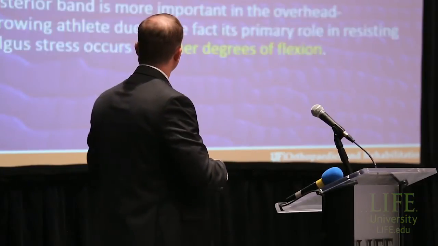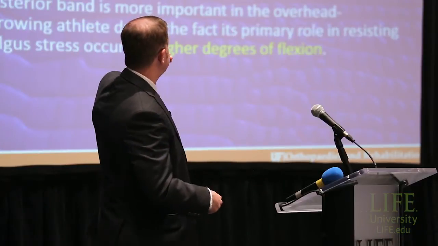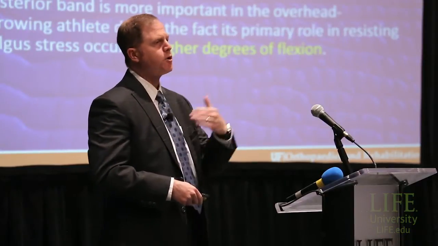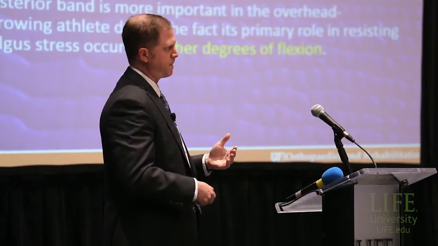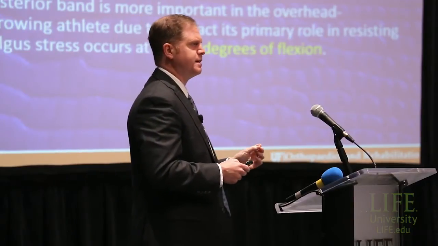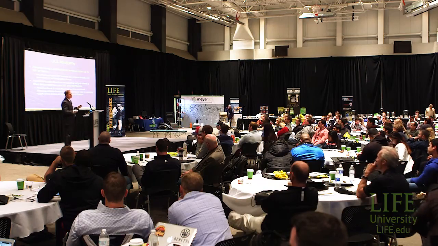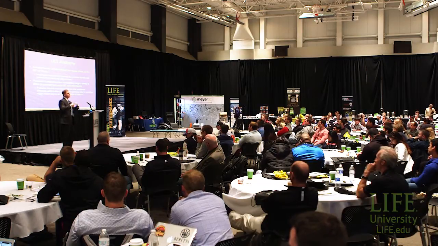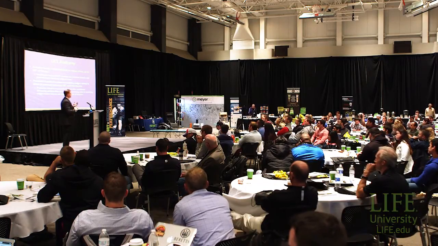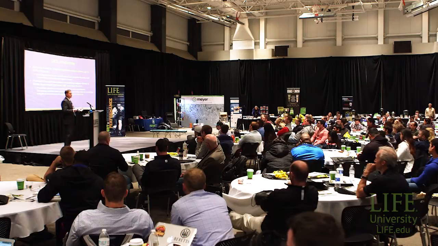When you go into more than 90 degrees of flexion, or between 60 degrees and full flexion, that's when your posterior band starts to take over. That's important from an anatomical standpoint, in terms of what is active and what is absorbing the most force or stress when you're making an overhead throw.